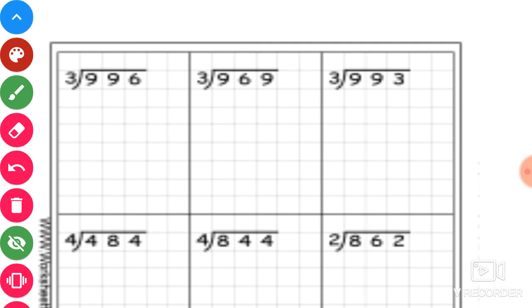So 9 3 से बड़ा है या छोटा है? It is greater than 3 or smaller than 3? Oh yes, it is greater than 3. So now we have to find whether we get 9 in 3's table or not. 3 के टेबल में 9 हमें मिलता है या नहीं मिलता है.